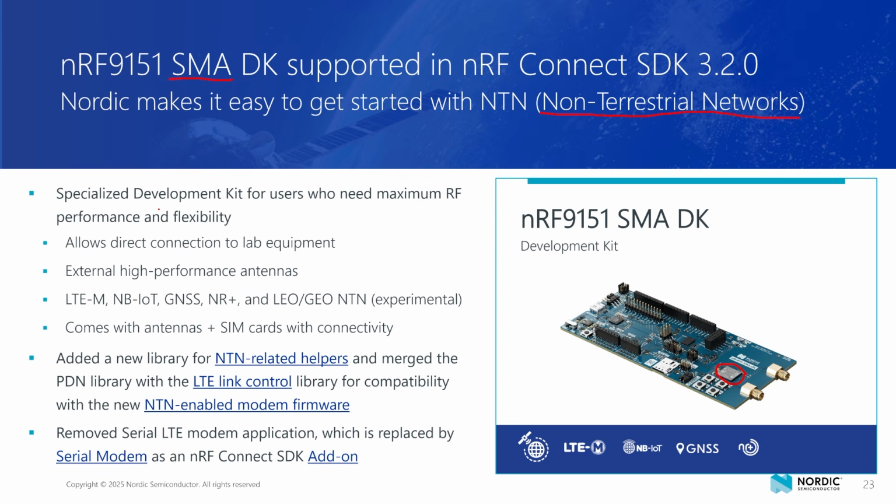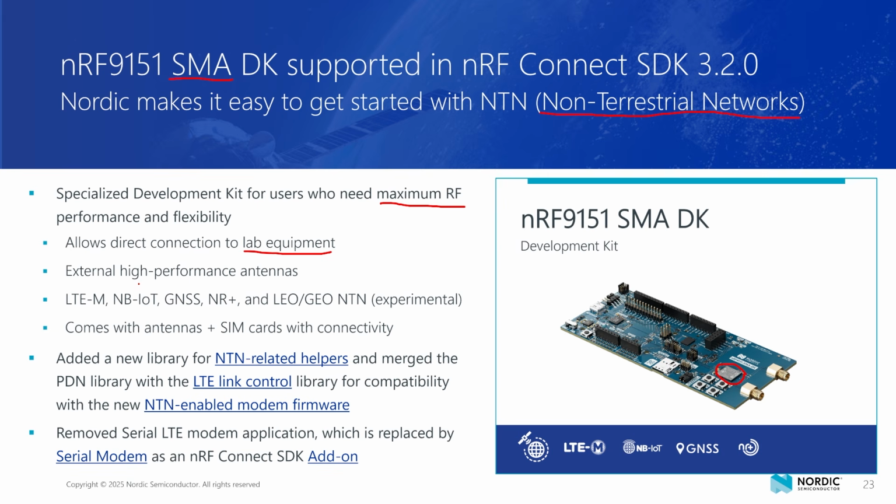So this new kit is a more specialized development kit, and it's targeting users who need maximum RF performance and flexibility. What you can do with it is connect directly with lab equipment for testing and evaluation.